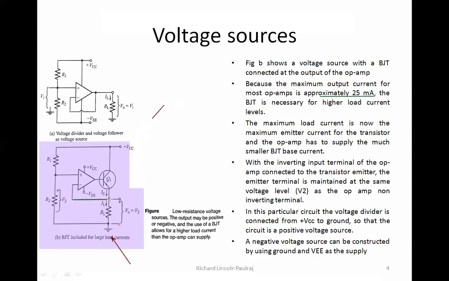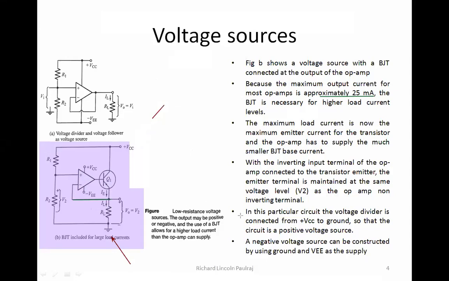It is maintained at the same voltage level V2. So whatever potential is maintained at this plus, the same thing is maintained here at the minus. Which means if 5 volts are here, even here you can expect 5 volts.